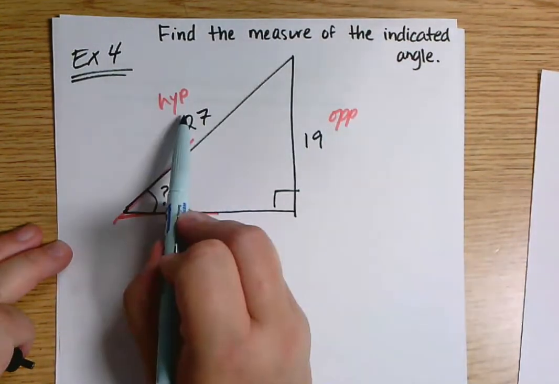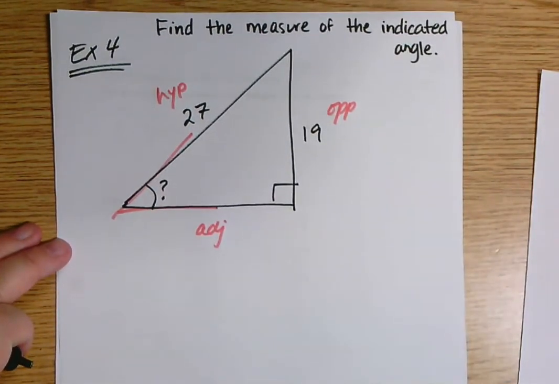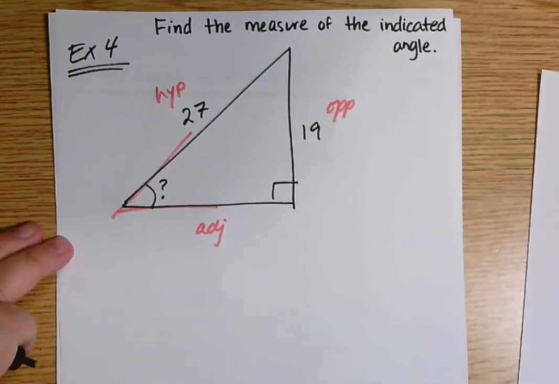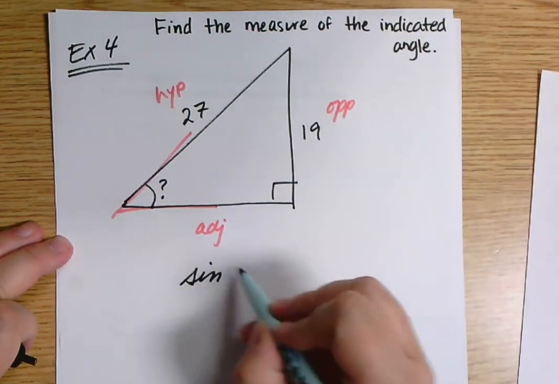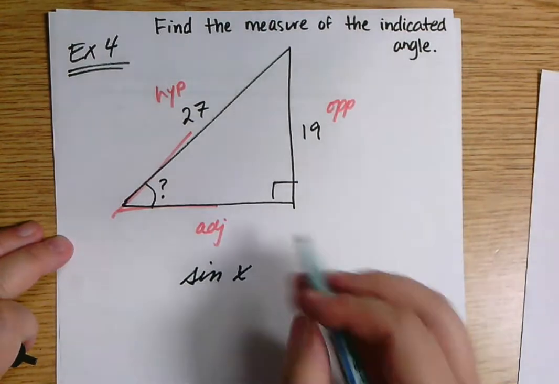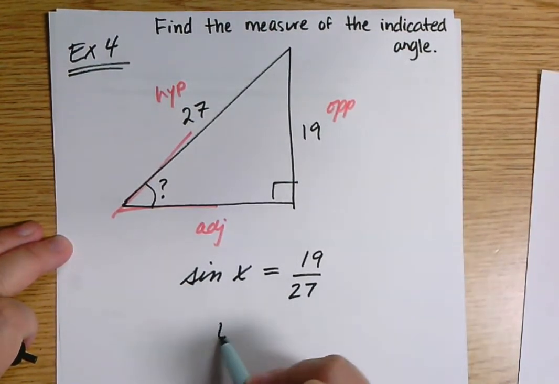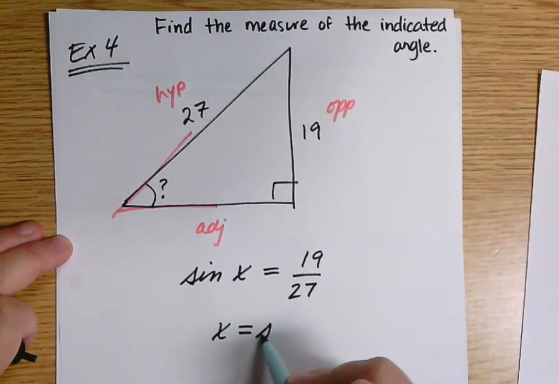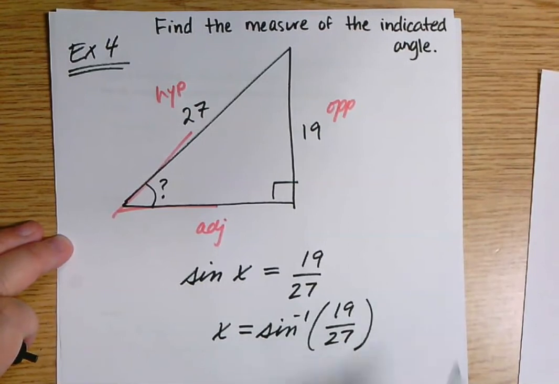So opposite and hypotenuse is what I'm working with, which means it's the sine, right. So sine of, I'm going to call it x, equals opposite over hypotenuse, which means that x is equal to the inverse sine of the opposite over hypotenuse.